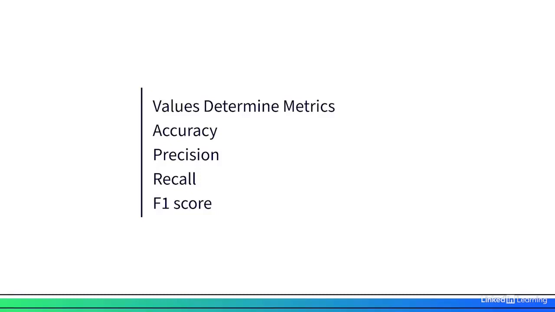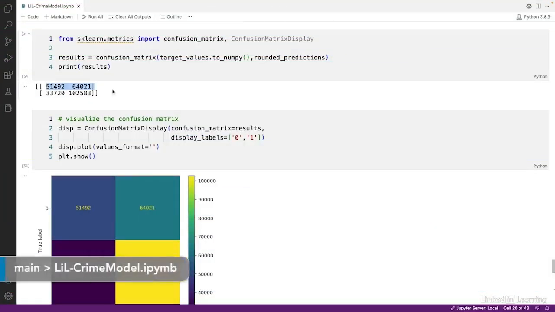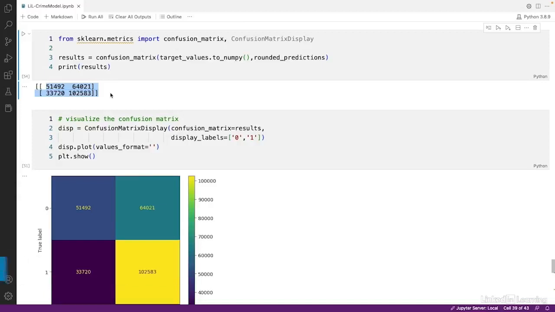Let's review the Python code to produce a confusion matrix for our public safety crime prediction model. Here is the confusion matrix. The output shows the true positives at 0, 0, the false positives at 0, 1, the false negatives at 1, 0, and the true negatives at 1, 1.